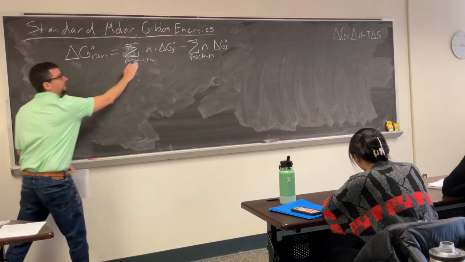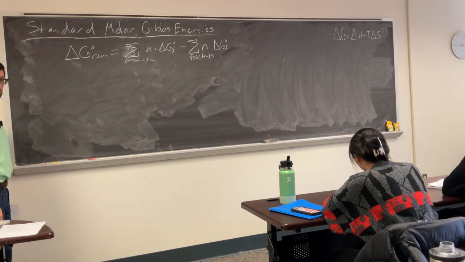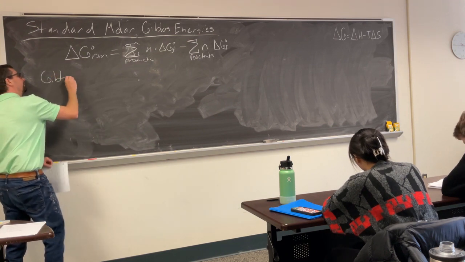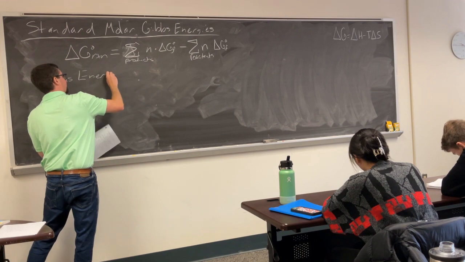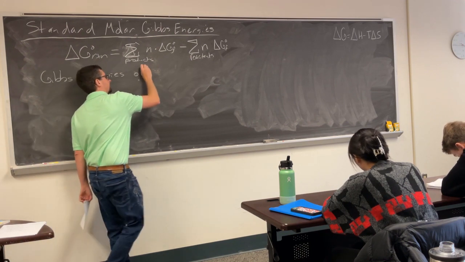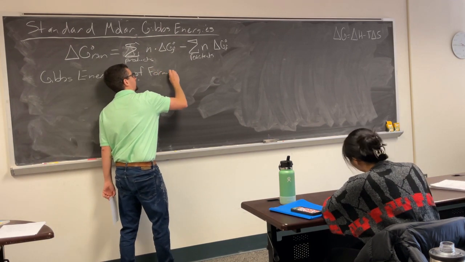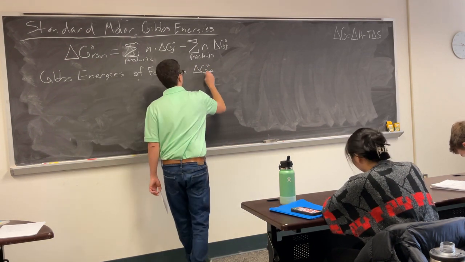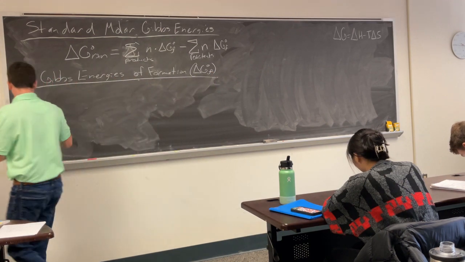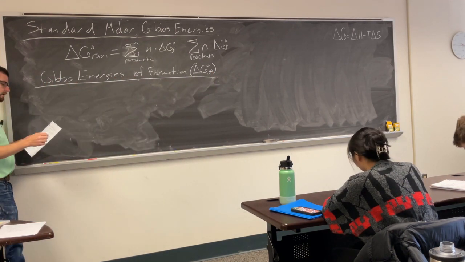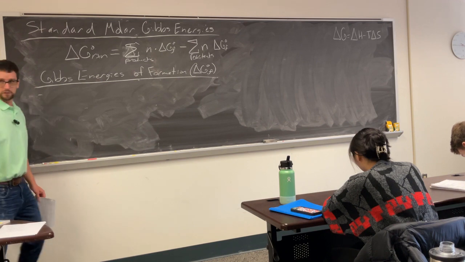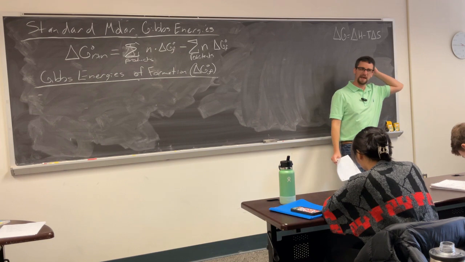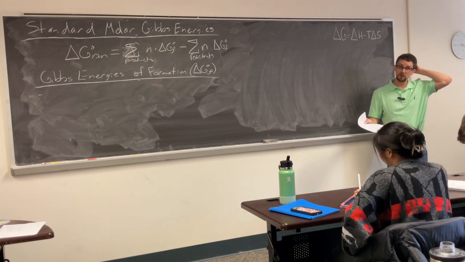So let's talk about these Gibbs energies of formation. Delta G. Okay. So just like you guys said, delta H is in here, so we have to talk about changes.